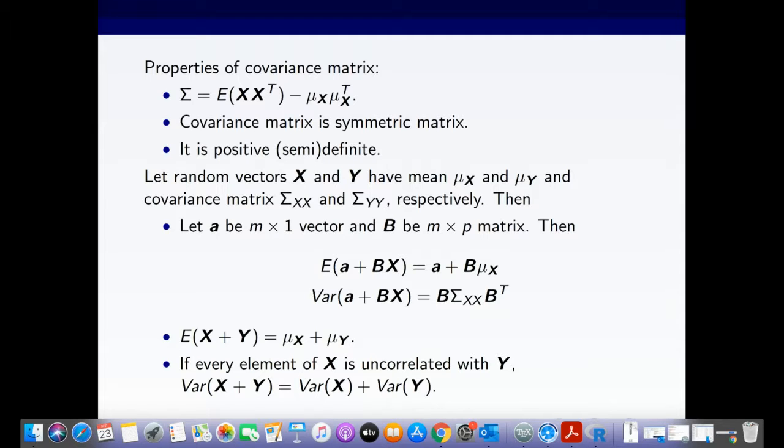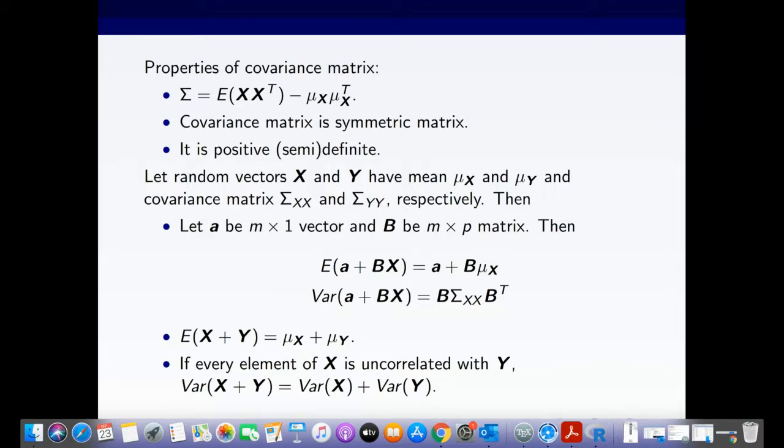Positive definite means, if you remember what we reviewed in the first and second lecture, that when you construct the quadratic form for any vector a, it is positive.